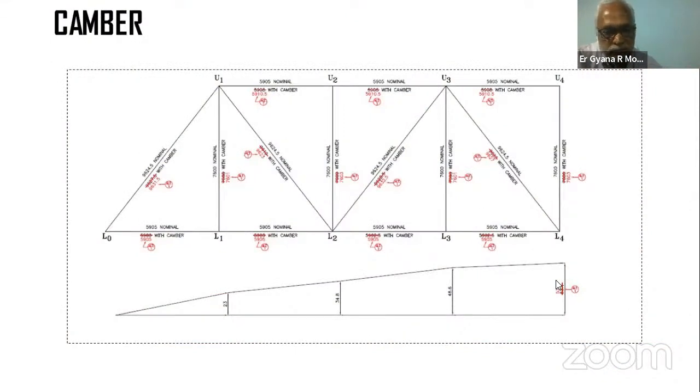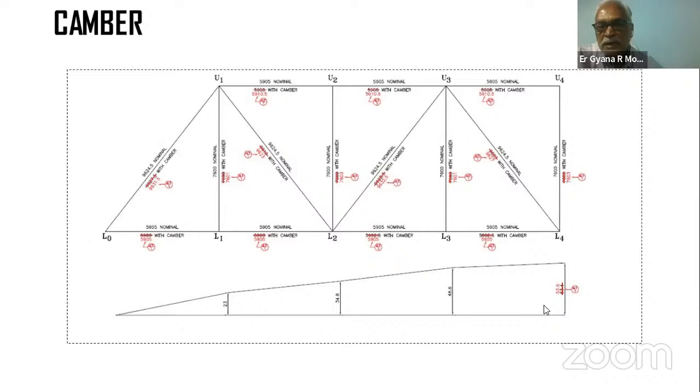There are L0, L1, L2, L3, L4, and a mirror image on the other side. L4 is the joint where we have a camber of 53.6 millimeter, and at L1 we have a different camber. This is the required design camber of this girder. In order to achieve this camber, we have to shorten the length of the components. So the red marks are the actual fabrication length of the components.